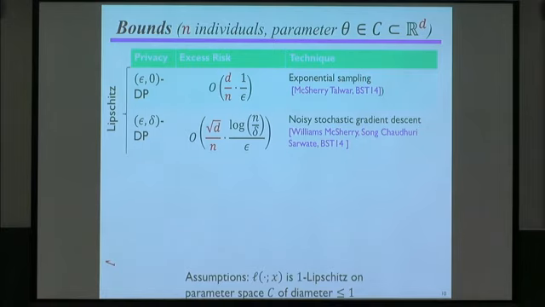Also, if what you're really concerned with is population risk, which is the thing that normally concerns you in statistical settings, then these bounds are actually well below the inherent statistical risk due to sampling. So in most settings, these essentially asymptotically match the performance of the best non-private algorithms.